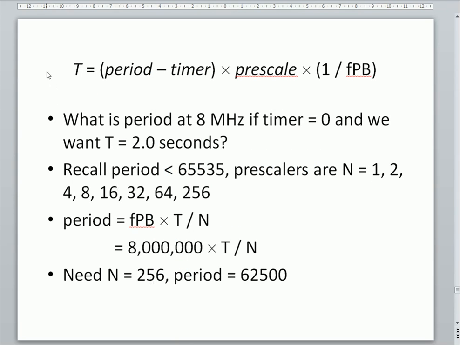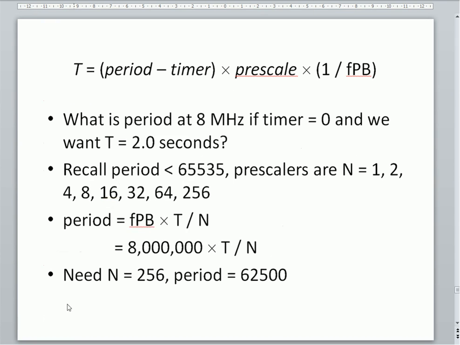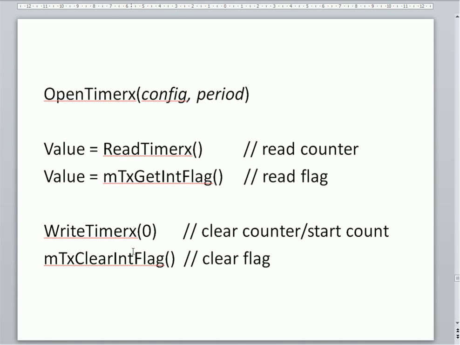Okay, here's the formula that you need to know. The amount of time that you want to measure is given by the period, the setting in the function, minus the value you set in the timer. Usually we set it to 0.